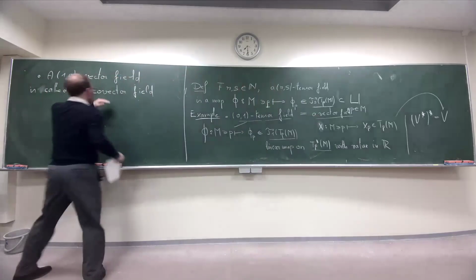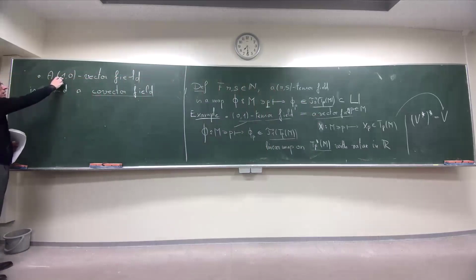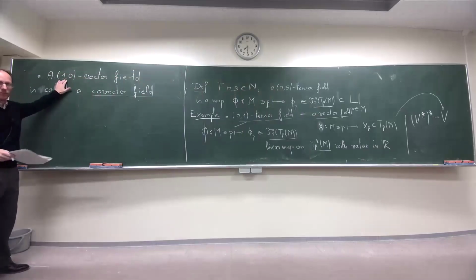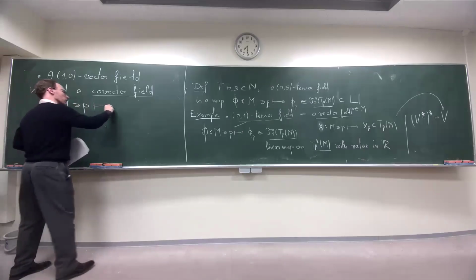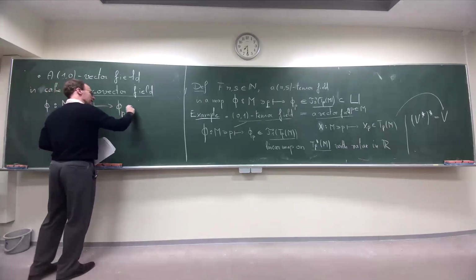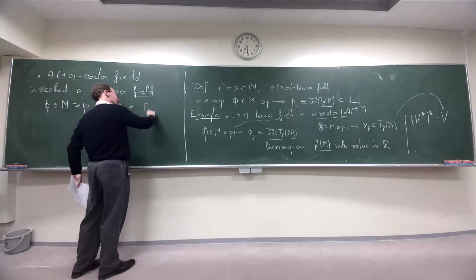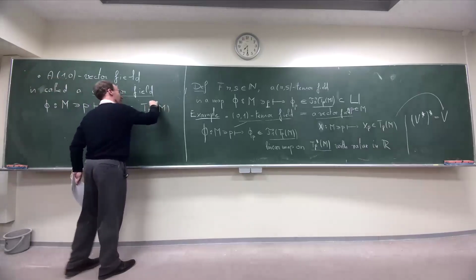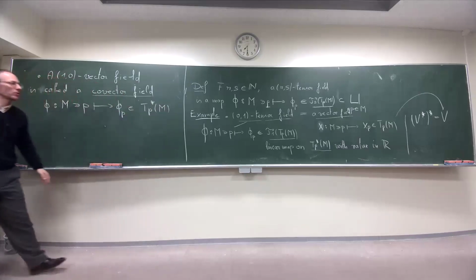So this is just a definition, it's a covector field. So it means at every point, you have a linear map on V. You take a phi, it's a function, you take a P, goes to phi P, and this is a linear map on V, so it's an element of TP of M star. Again, think about it. At every point, it has to be a linear map on V. The linear map on V is an element of the dual by definition of the dual.